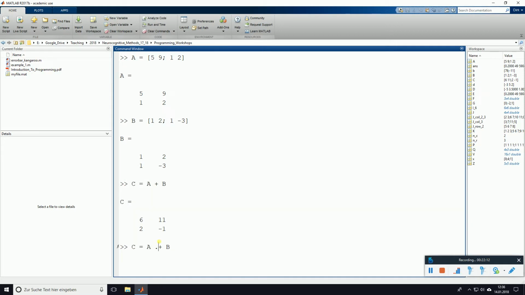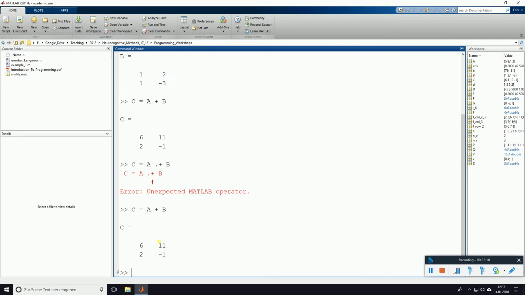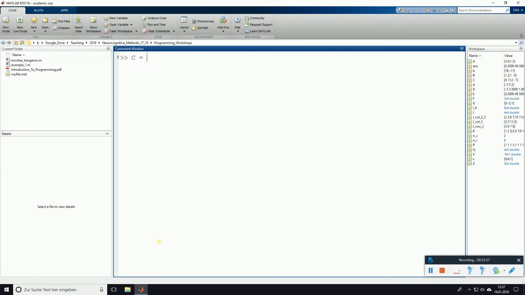And because this is element-wise anyway, we can of course also subtract them from one another, and we can multiply the matrices. So A times B yields another 2 by 2 matrix, which has this form.